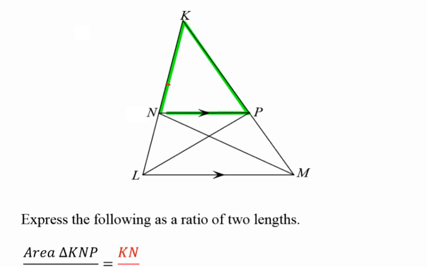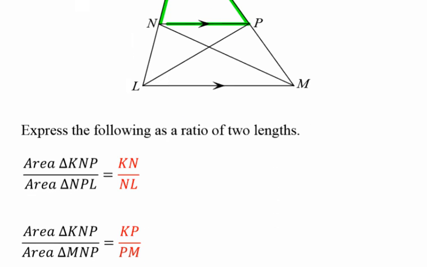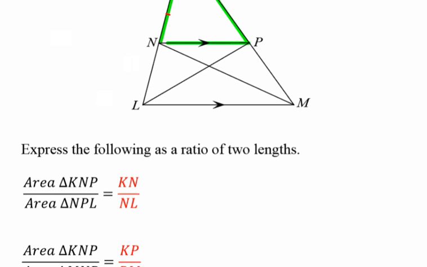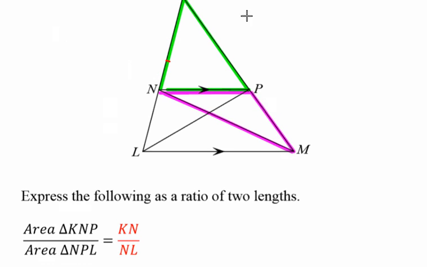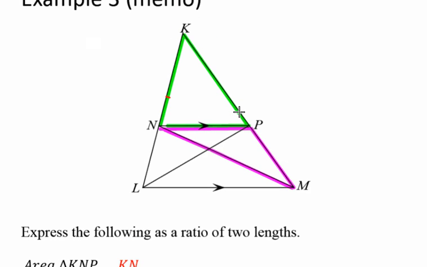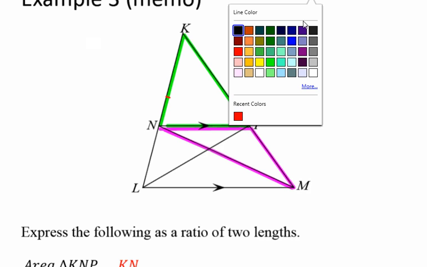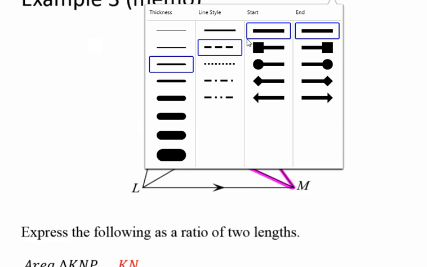So now I'm looking at my KNP and I'm looking at MNP. So I'm going to highlight MNP now, just so it stands out. Now let's have a look if those guys can share an altitude. Now if I use KP and PM as my bases, then my altitude will lie here.